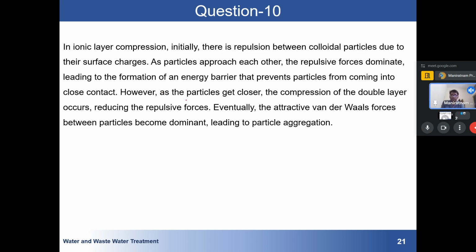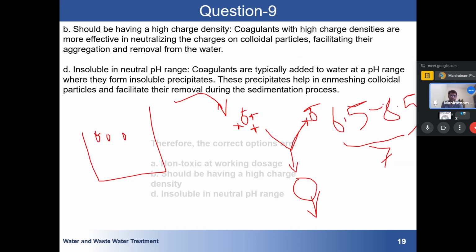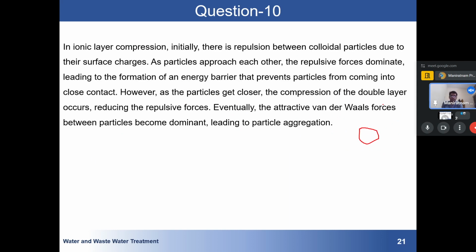However, as particles get closer, compression of the double layer occurs, reducing the repulsive forces. Initially they were repelling each other, but now I have forced them to come together.